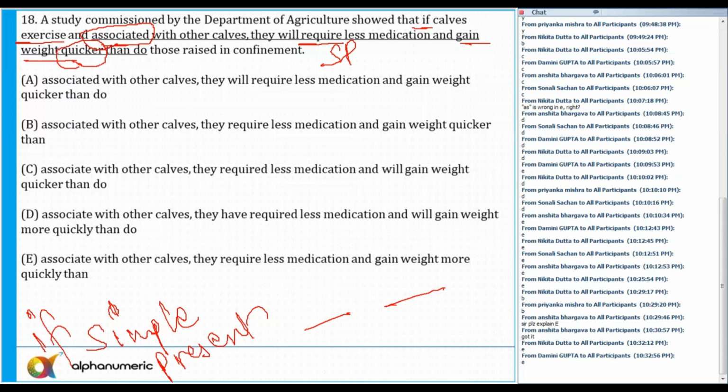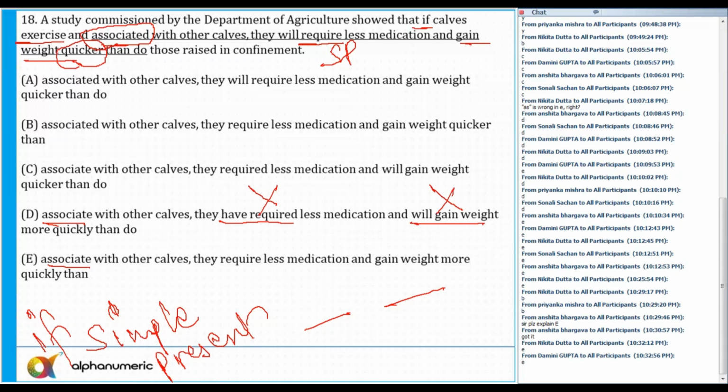And gain weight more quickly than those who are raised in confinement. I think that should be the answer. So all of them have to be the same simple present. Where is the simple present? Associate, okay, here also. Have required is wrong, will gain weight is wrong.